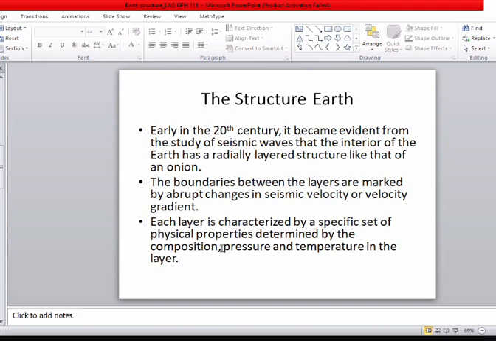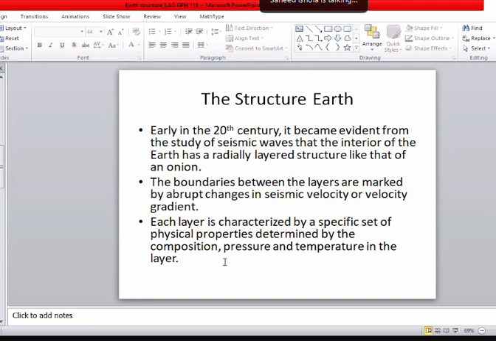What are these? These physical properties are determined by the composition: what is the chemical composition of that layer? What is the pressure within the layer we are looking at? And what is also the temperature? So these three parameters determine the characteristics of each layer.